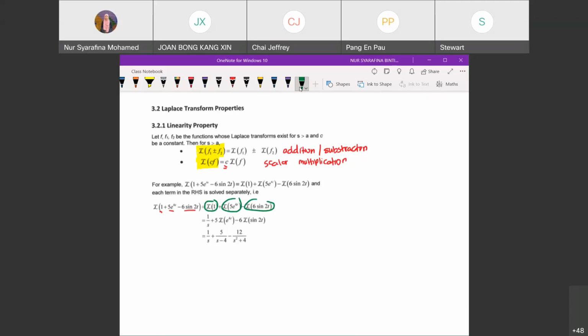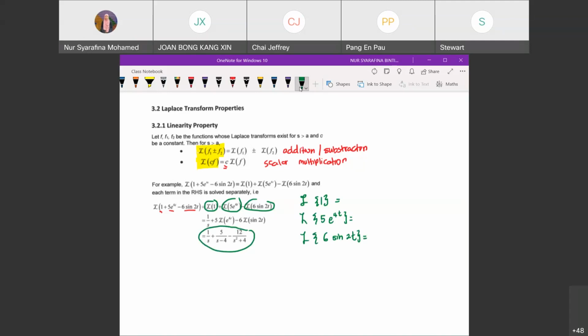Laplace transform of 1 will give you what? Laplace transform of 5 exponent 4t will give you what? Laplace transform of 6 sine 2t will give you what? Then you can just add them together.